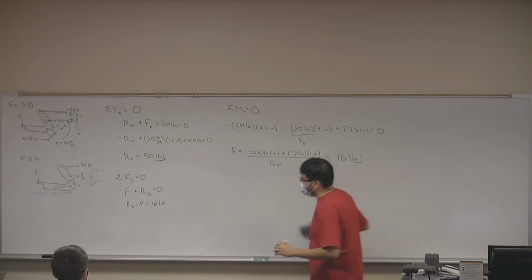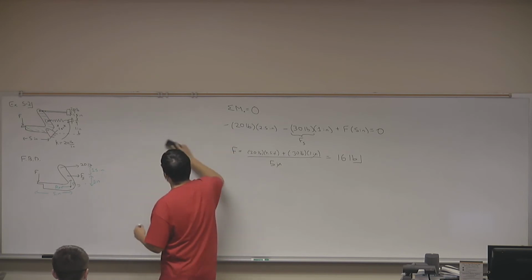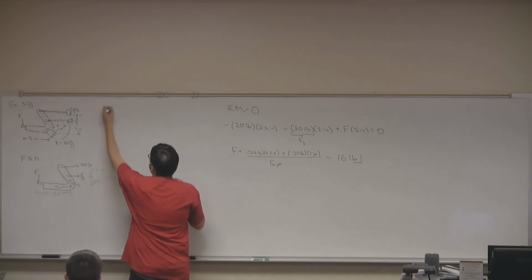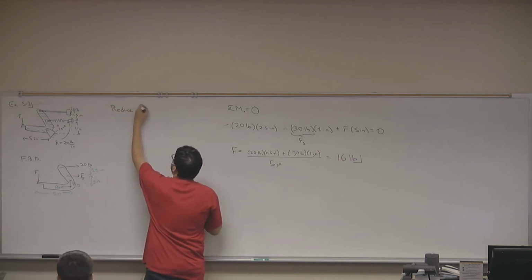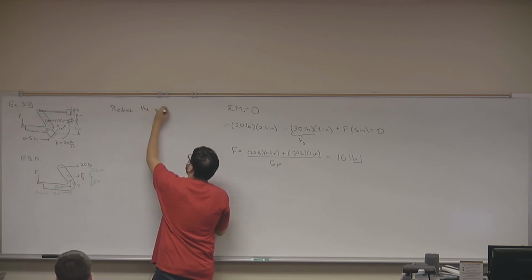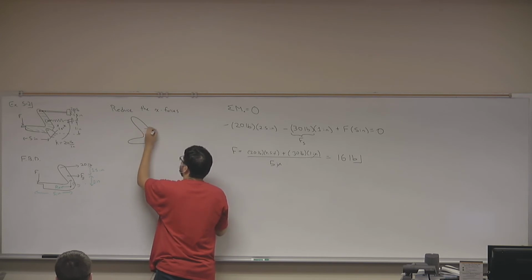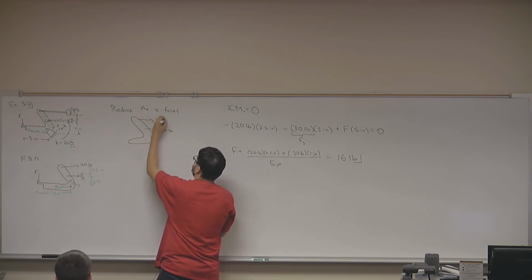So I'm glad you brought this up, because it's good to have it on the video so that all the students can see. Let's say I want to reduce the x forces in this system. We got a 30-pound force and a 20-pound force.